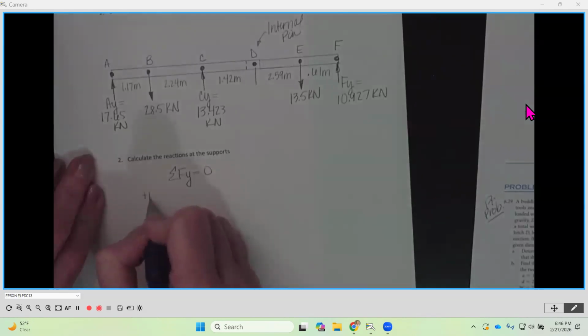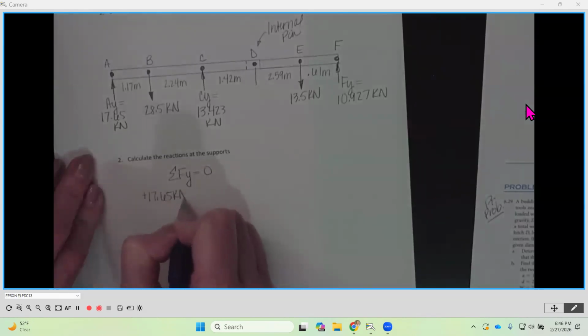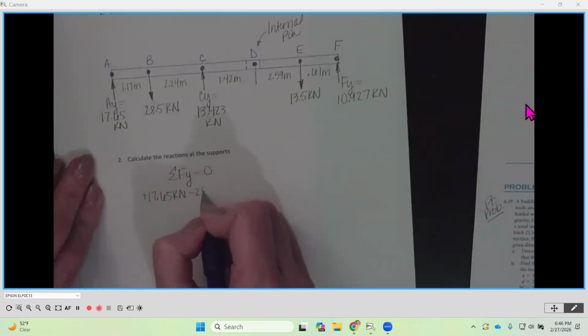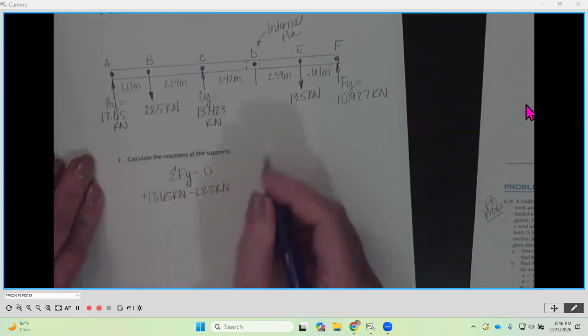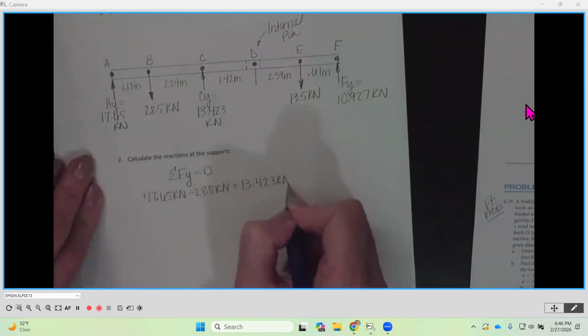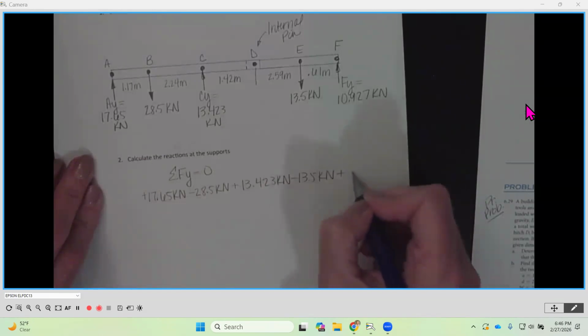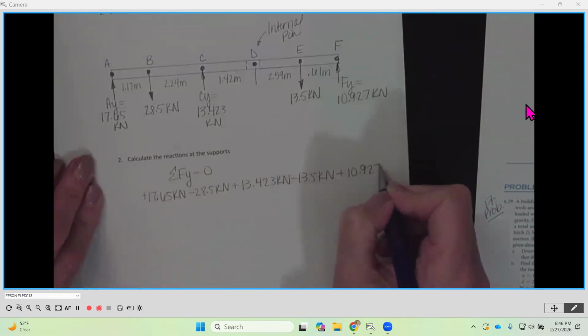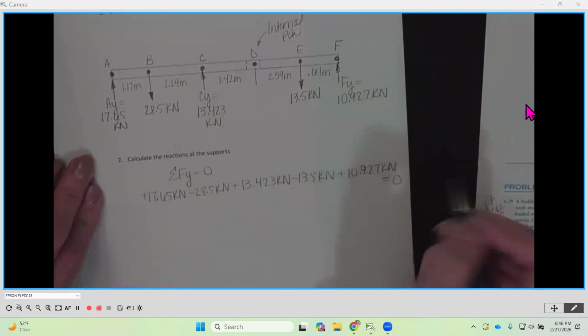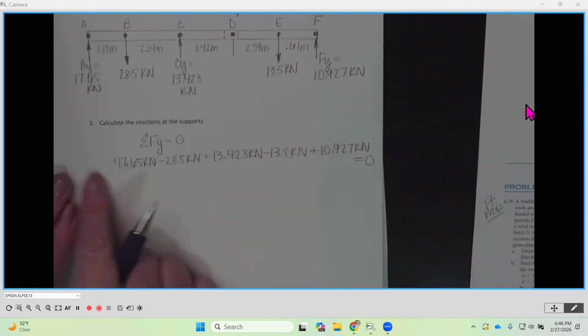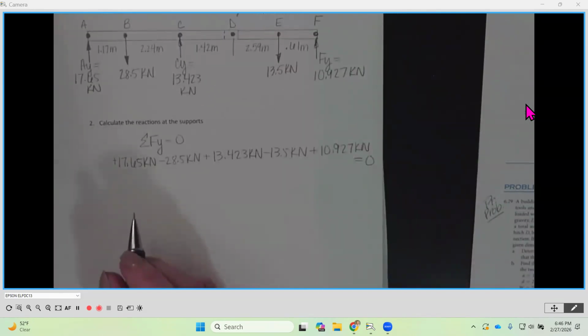So I've got a positive 17.65 kilonewtons, a negative 28.5 kilonewtons, a positive 13.423 kilonewtons, negative 13.5 kilonewtons, and a positive 10.927 kilonewtons equal to 0. Let me know, does it end up being 0 equals 0?